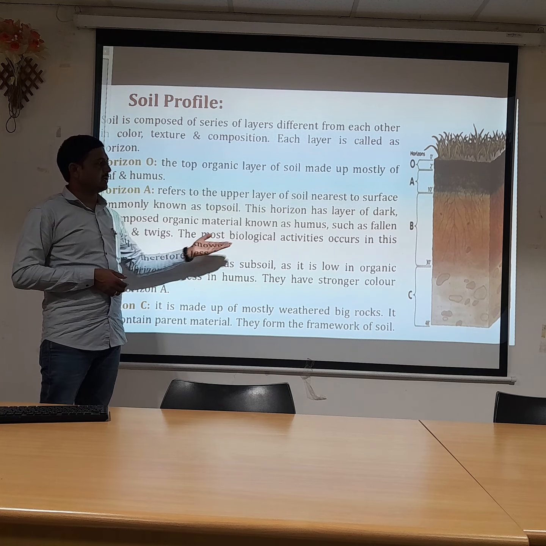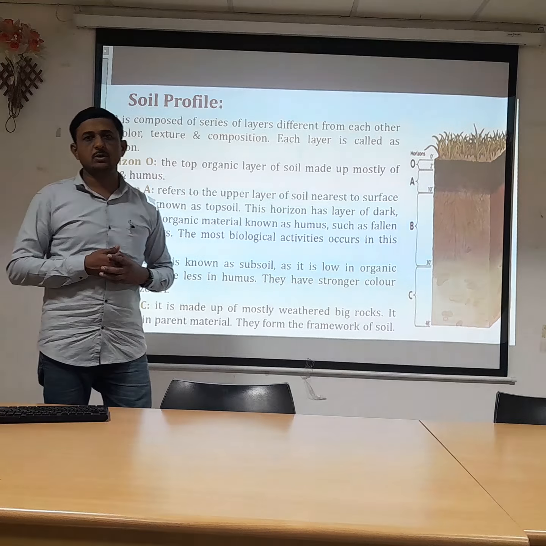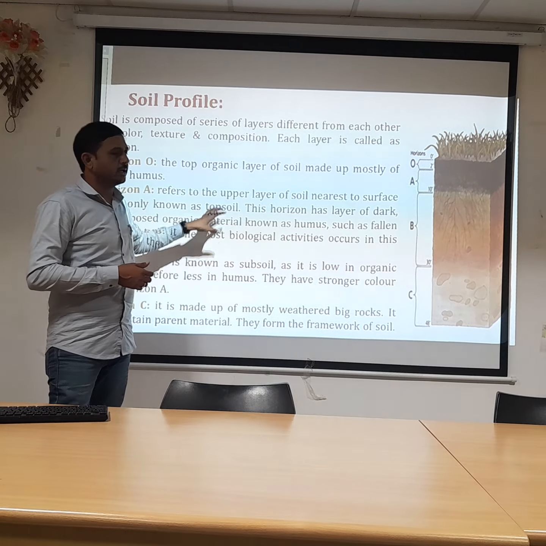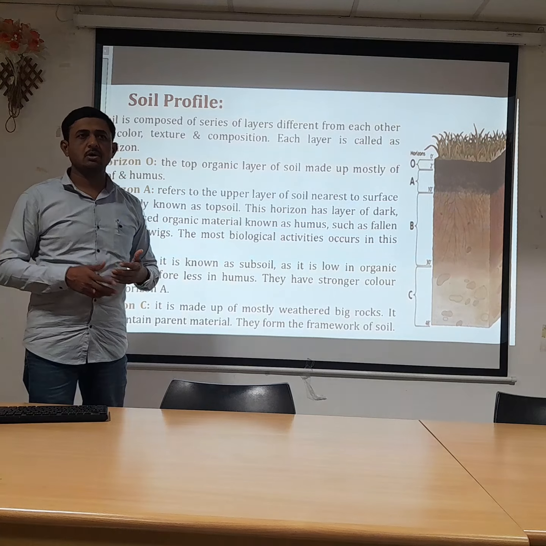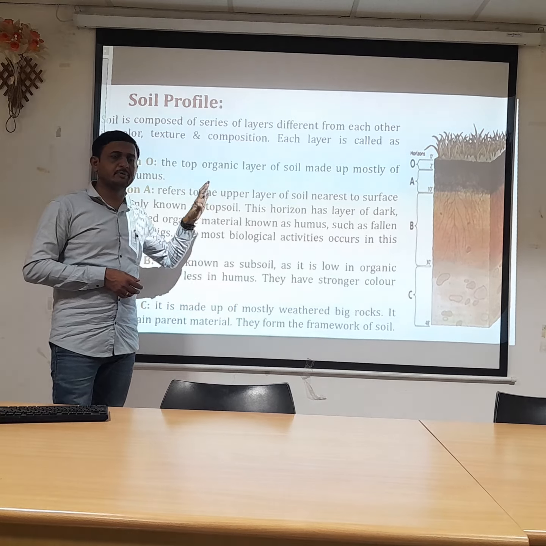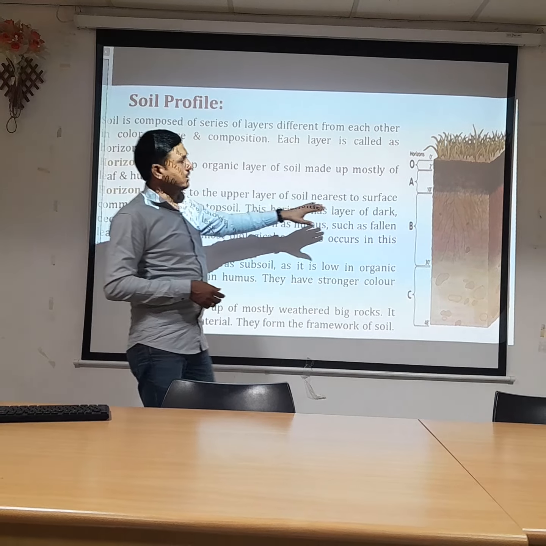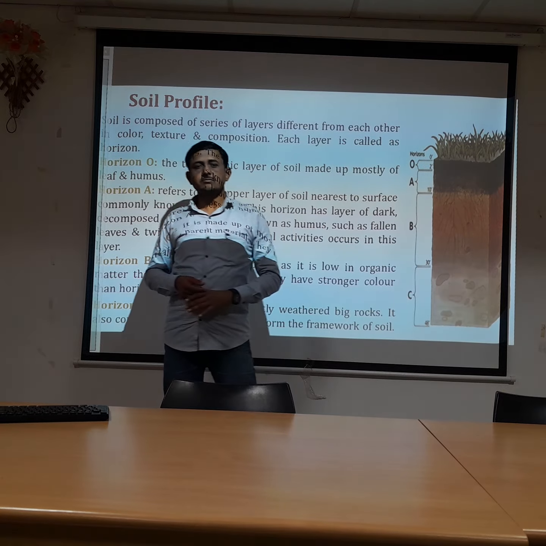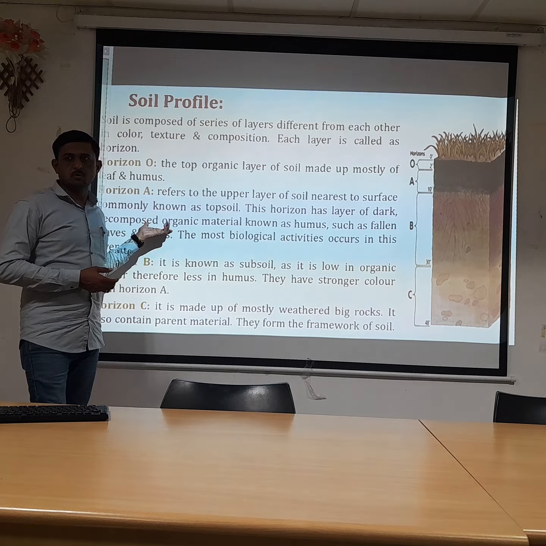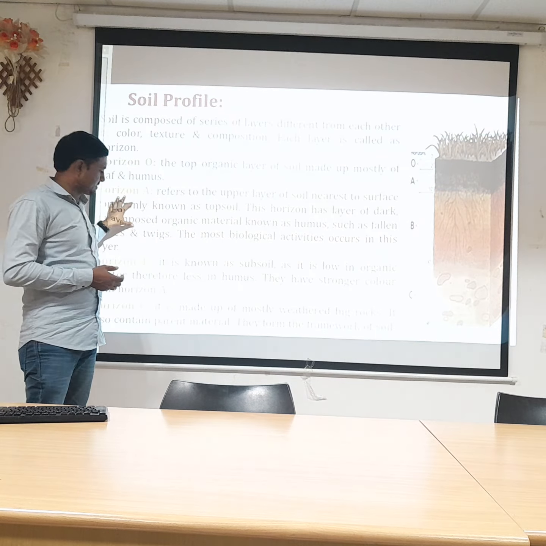The most biological activity occurs in that layer. The leaves and twigs of plants, after completing their life cycle, are decomposed by different decomposition processes carried out in the soil, and different microorganisms are involved. So horizon A, the dark part of the soil, is where most activities are carried out, and it is rich in humus.